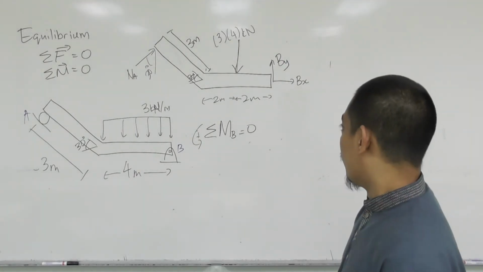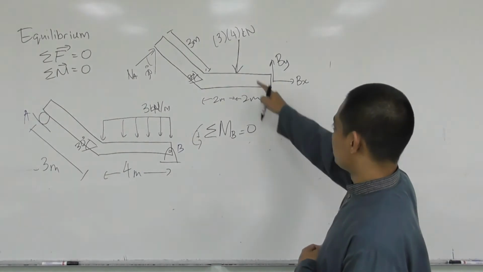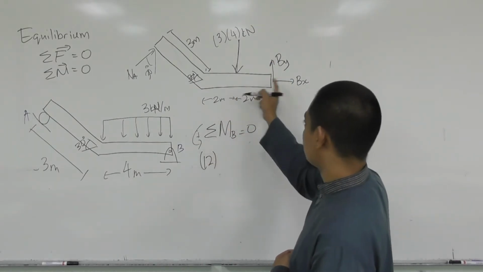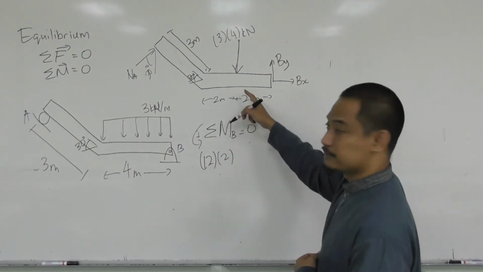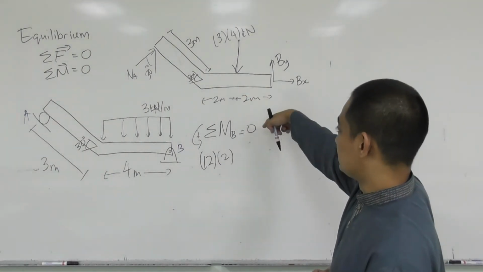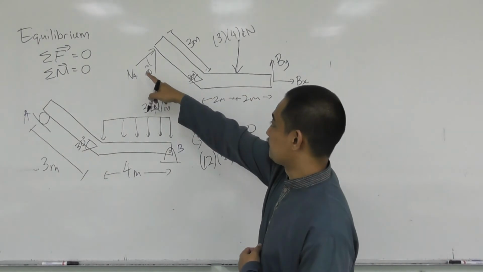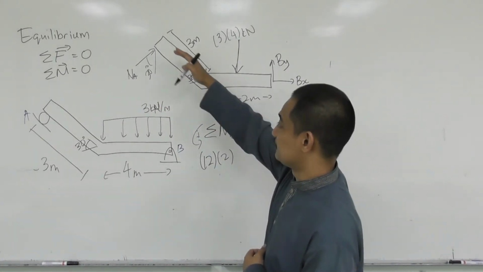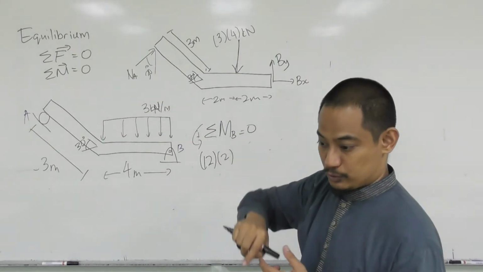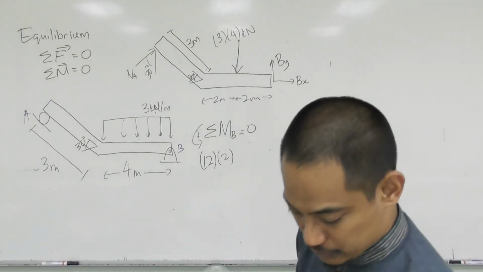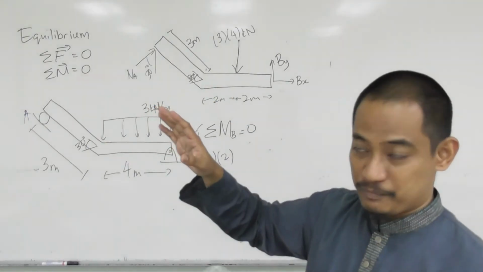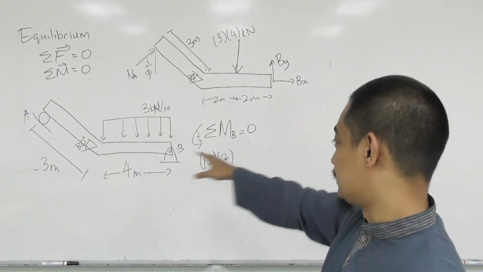If I take counterclockwise as positive, the moment about this one counterclockwise is 12 kilonewton times the distance of 2 meters. What about this other one? This is quite interesting because you have this distance at an angle. If you can straight away imagine it, that's great, you can just calculate.